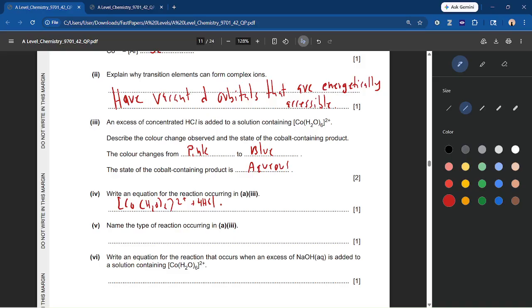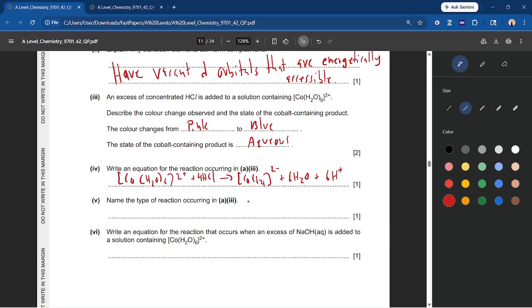This is going to give us CoCl4 2- plus 6 H2O plus 6 free hydrogen ions. Alright, nothing too complicated, and this is very simple, a ligand exchange.